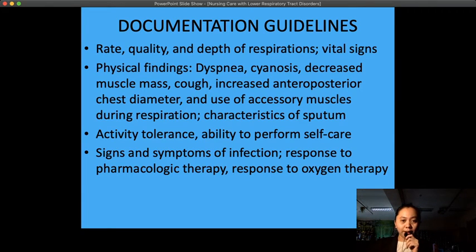Use of accessory muscles during respiration, and then characteristics of sputum, and then activity tolerance or activity intolerance, and then ability to perform self-care. Signs and symptoms of infection, response to pharmacologic therapy, response to oxygen therapy.